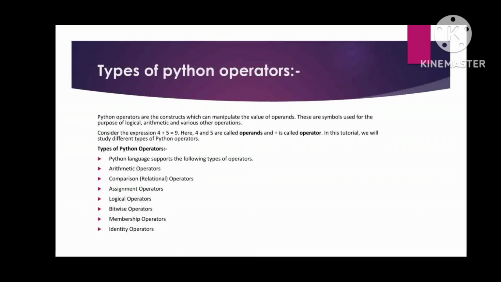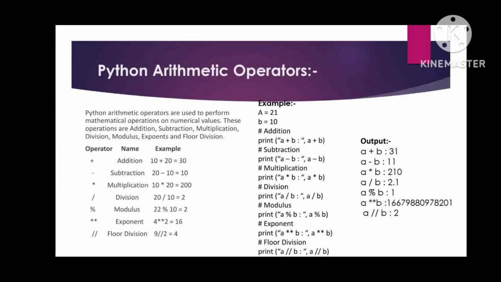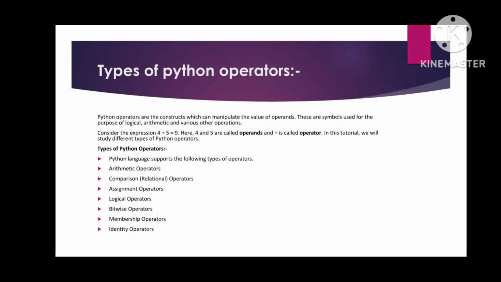Sometimes we have to perform arithmetic and sometimes logical operations in our programming, then we use Python operators. Consider the expression 4 plus 5 is equal to 9. Here 4 and 5 are called operands and plus is called the arithmetic operator. Like that we have different operators in Python: arithmetic, logical and various other operations like bitwise operations.